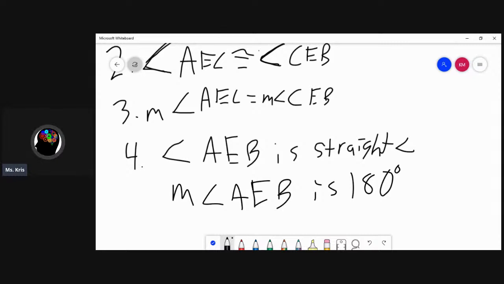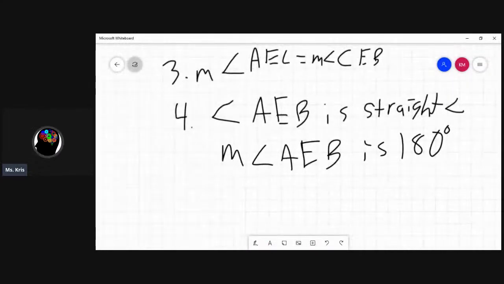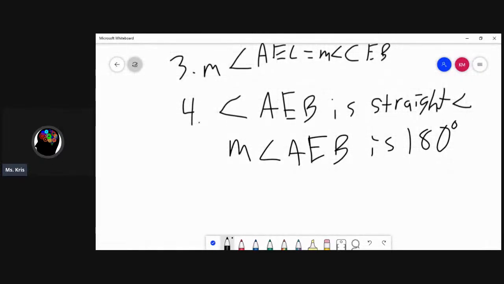So we established that based off of the measurement of a straight angle equals 180 degrees. Stay with me because we are still continuing and we are going somewhere with this, okay?